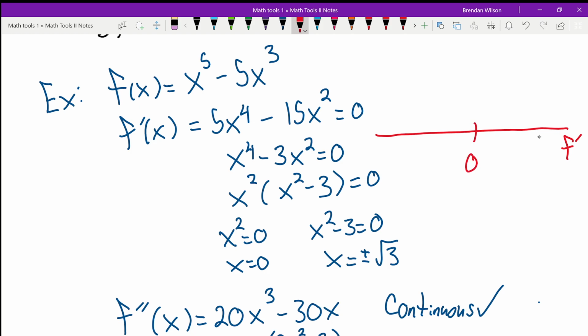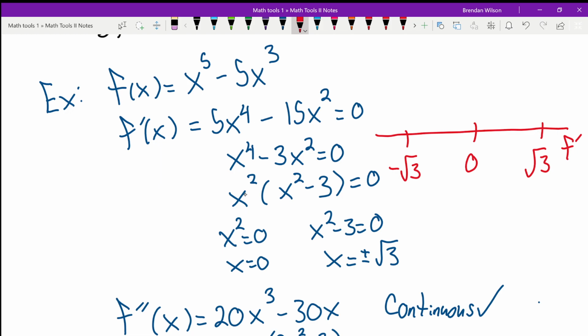Now, if you have read up on the multiplicities idea and how that affects the sign changes on a sign chart, you might have noticed the x squared is equal to 0. There's an even multiplicity here, which means that it's going to have the same sign on both sides of 0. So that's going to tell us that there is no local max or min, but we can just go ahead and check it anyway.